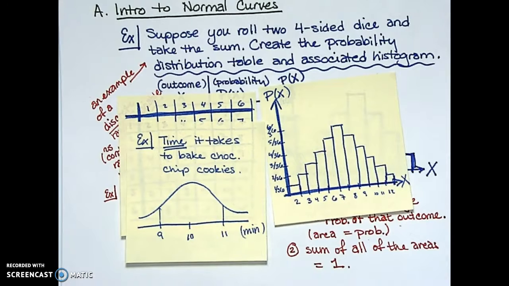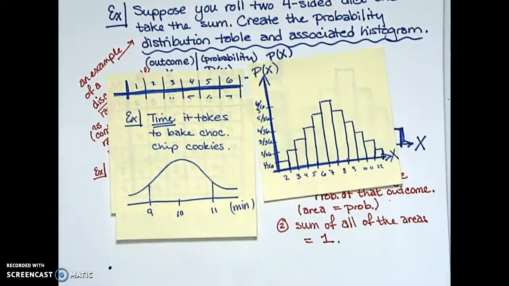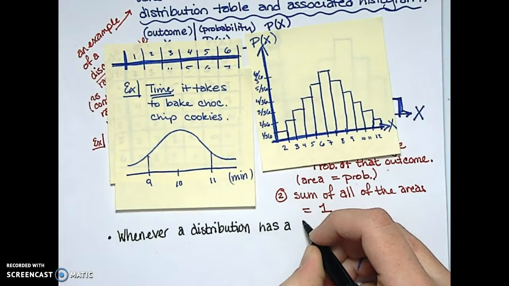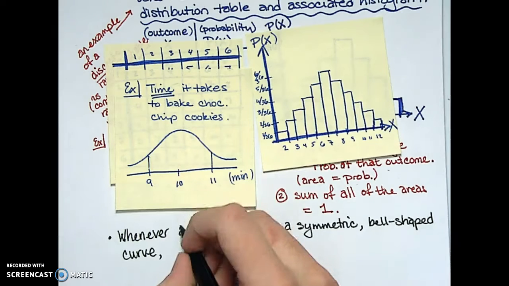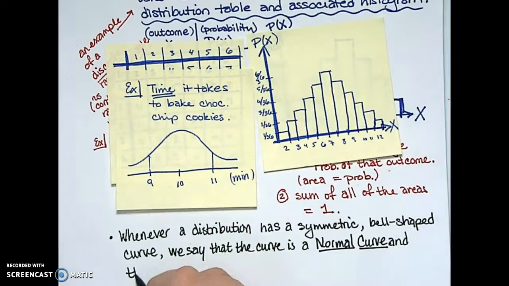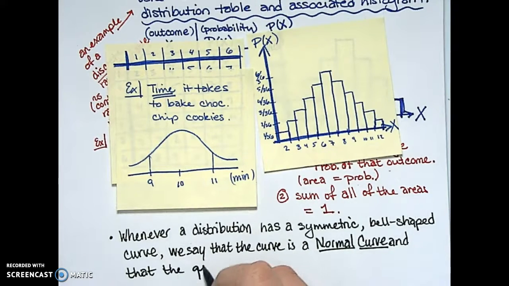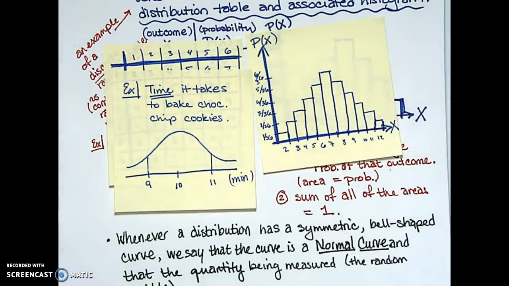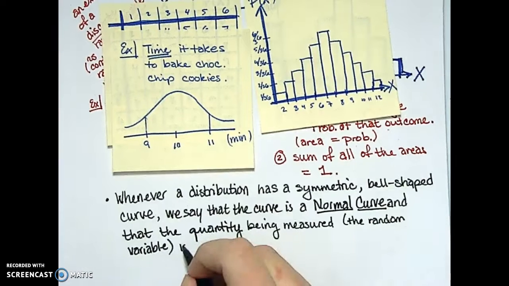In the previous 3 examples, the probability distributions have all been symmetric and fairly bell-shaped. And it turns out when we have distributions with curves that exhibit both of those properties, we give it a special name. So whenever a distribution has a symmetric bell-shaped curve, we say that the curve is a normal curve, and that the quantity being measured, this is what we called the random variable, is what we call normally distributed.